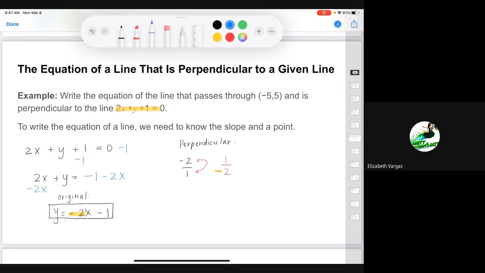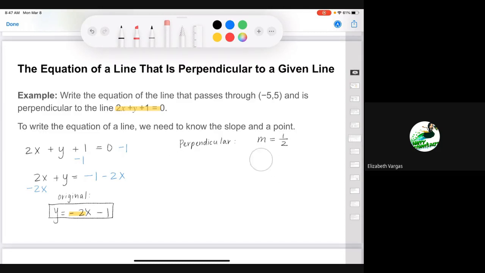And so it becomes a positive 1 over 2. Okay, so now what I've identified is my slope of my perpendicular line as 1 over 2. Does anyone have any questions of how I got my slope for my perpendicular line as 1 over 2? Questions? Okay. No, ma'am. So now I have my new slope right there.